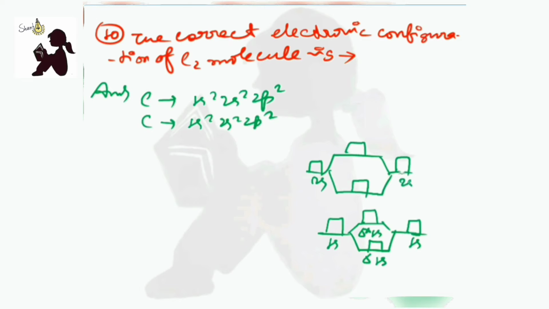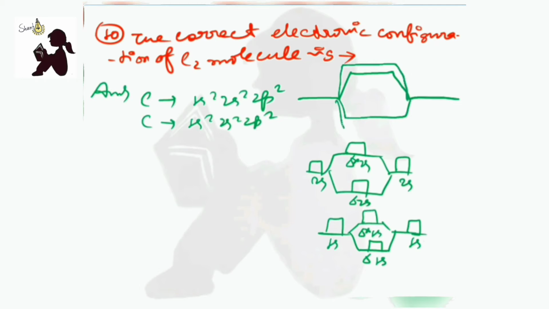So let's draw the 2s here: 2s, 2s, sigma star 2s, sigma 2s. Now here also we'll write this.